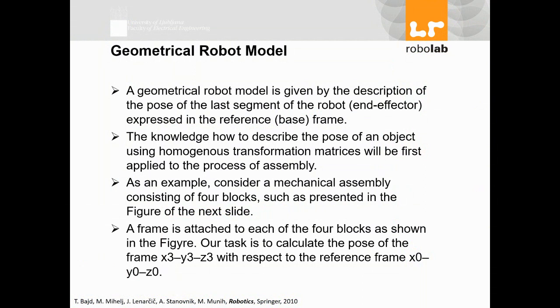So remember, the geometrical model is given by the description of the pose, the position and orientation, of the last segment of the robot, which is normally the end effector, expressed in the reference base frame. The knowledge of how to describe the pose of an object using a homogeneous transformation matrix will be first applied to the process of assembly.